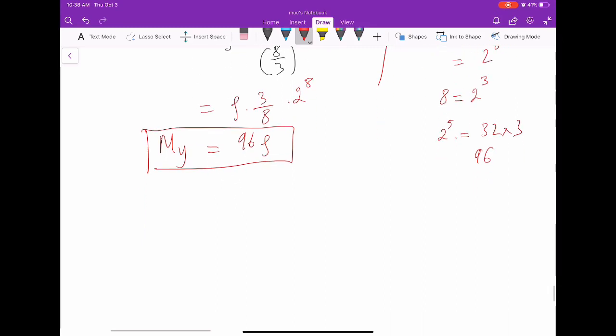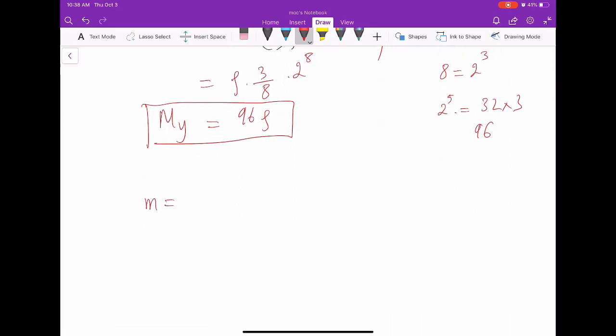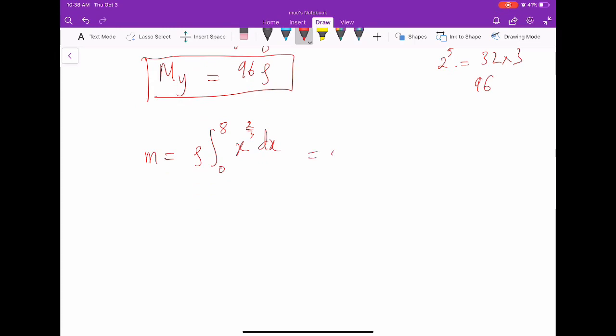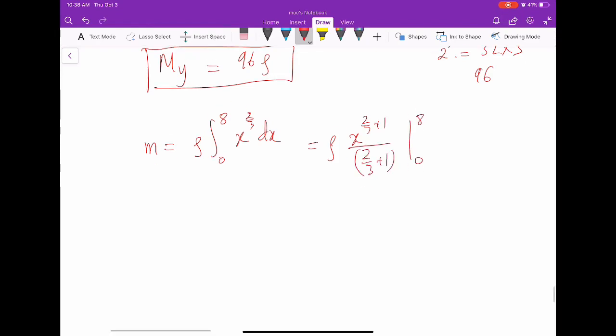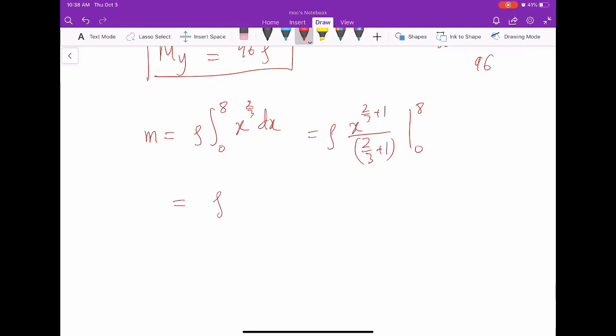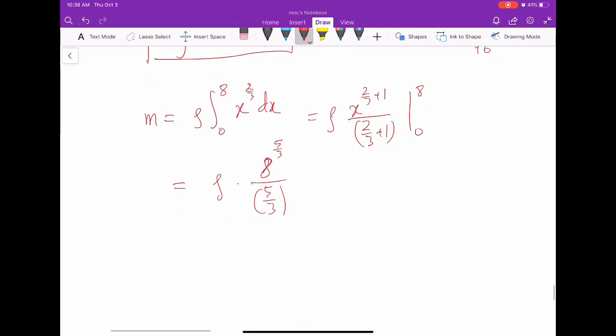Alright, so we still need to find m, right? The mass of the lamina is equal to rho integral from 0 to 8 x to 2/3 dx. Again, you need to use the power rule. So that is rho x to 2/3 plus 1 over 2/3 plus 1 evaluated from 0 to 8. So basically that is equal to rho 8 to 5 over 3 over 5 over 3.